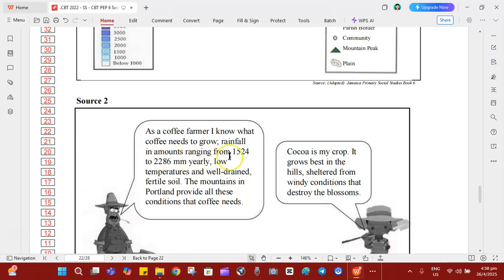Rainfall in amounts ranging from 1,524 to 2,286 millimeters yearly. Low temperatures and well-drained fertile soil. The mountains in Portland provide all these conditions that coffee needs. Next section, cocoa is my crop. It grows best in the hills, sheltered from the windy conditions that destroy the blossom.